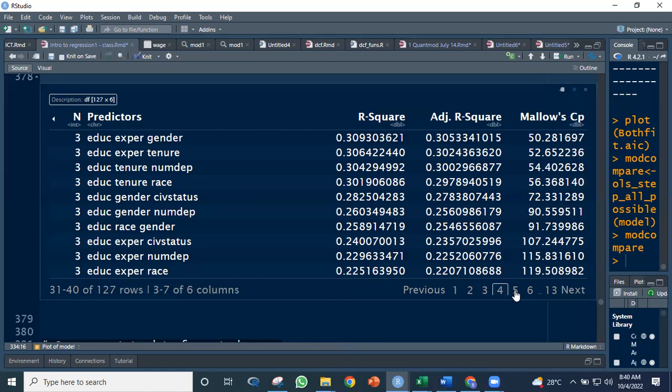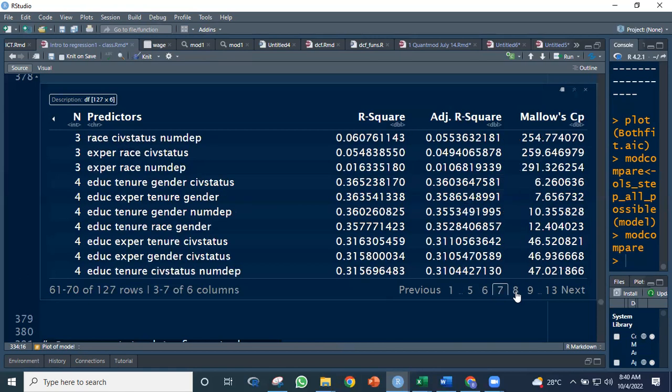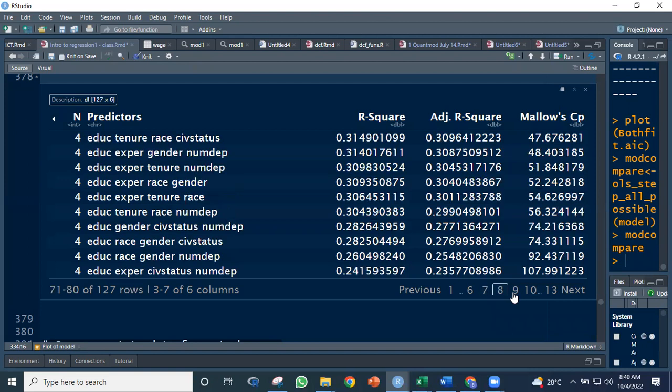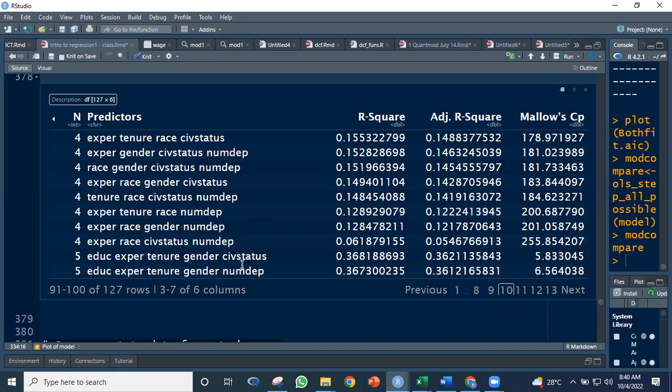So 3 pa rin yan. So okay. So marami kasi possible combinations. Pag 4, this is the best combination: education, tenure, gender, civil status. Okay, and then this is our adjusted R squared. This is our Mallow CP. Okay, and tinuloy pa niya. Kung 5 naman, ito, kasama si experience.